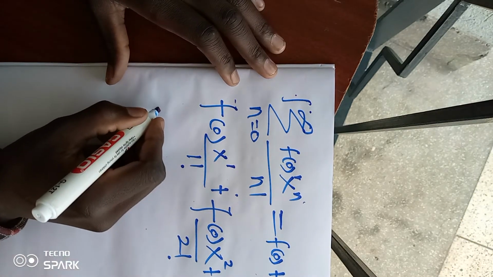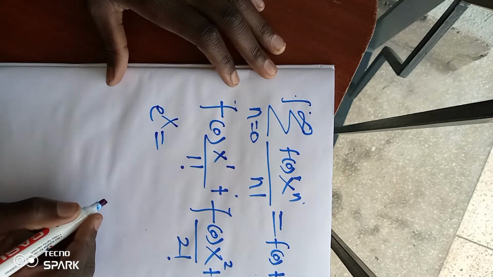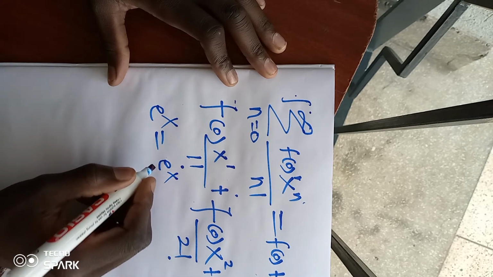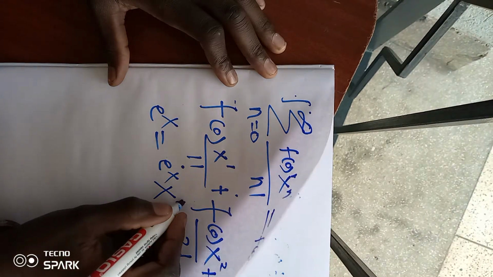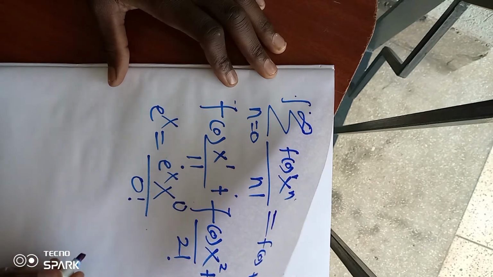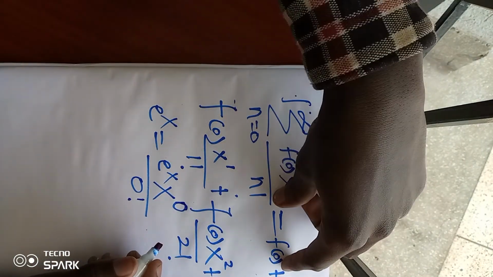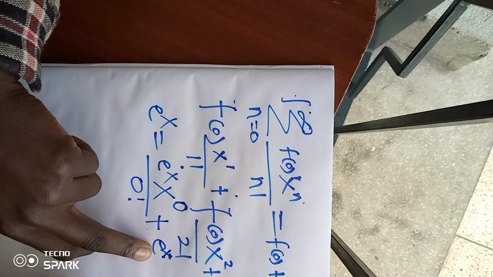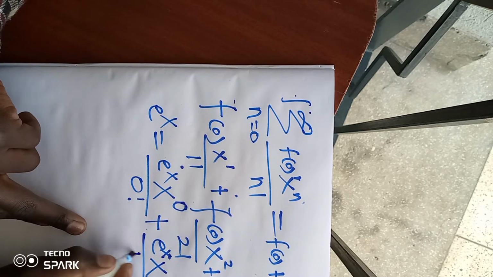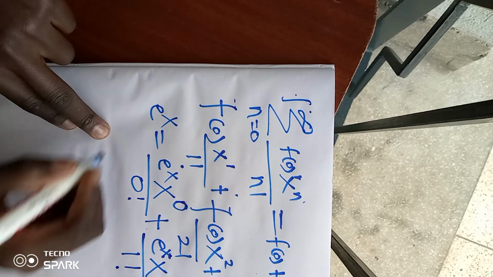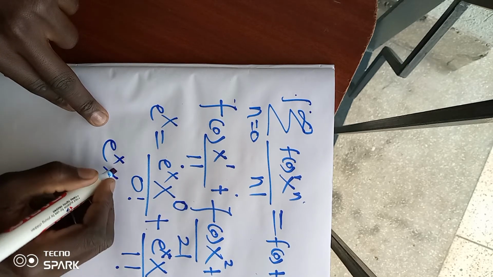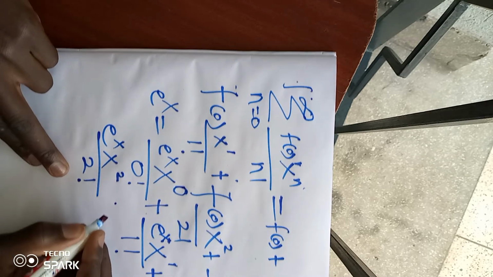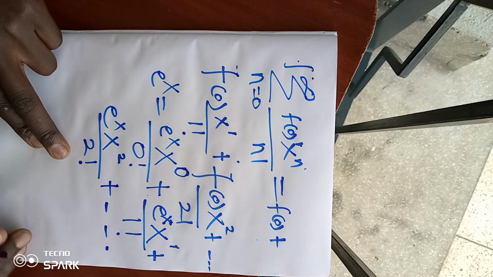So e exponential equals e to the zero times x to power 0 over 0 factorial, that is when n equals 0, plus e to the zero times x to power 1 over 1 factorial when n is 1, plus x squared over 2 factorial, and this goes up to infinity.